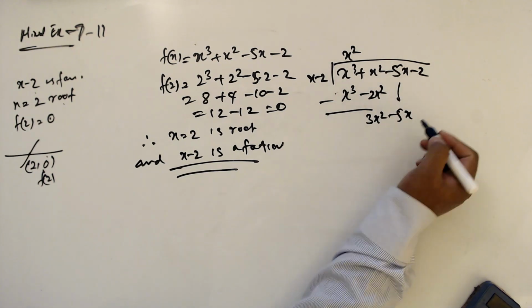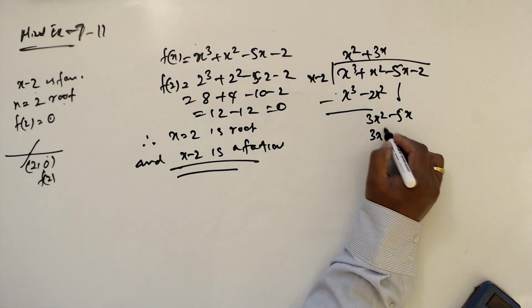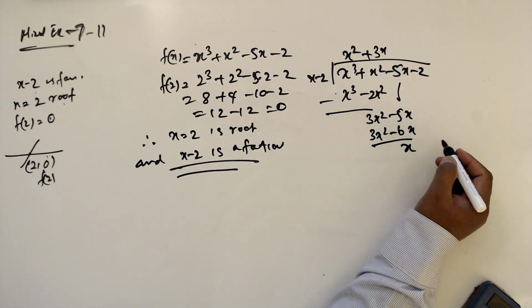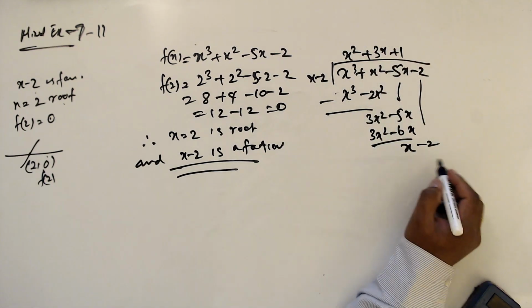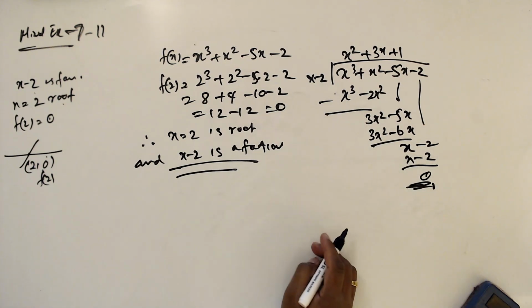I'll bring down minus 5x. Then plus 3x, this is going to be 3x squared minus 6x. This is going to be x, and bring minus 2 down. Then that is going to be plus 1. So dividing by x minus 2, the remainder is 0.